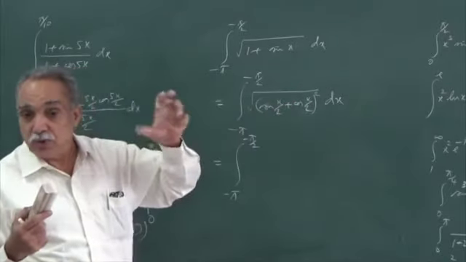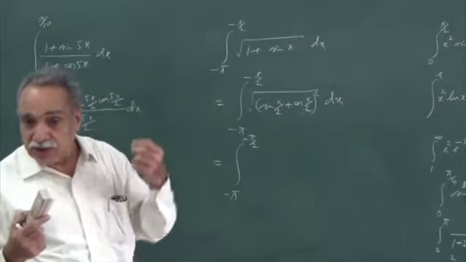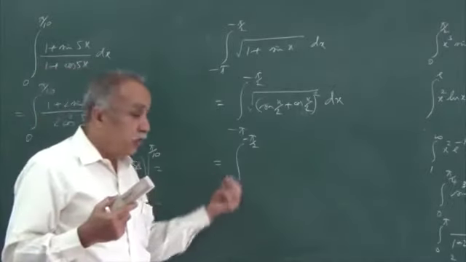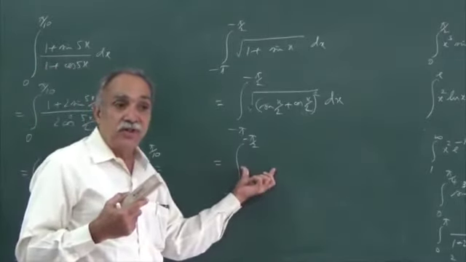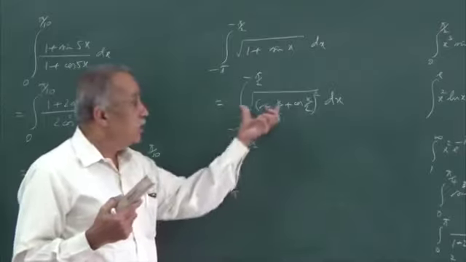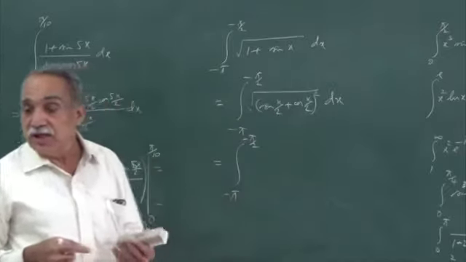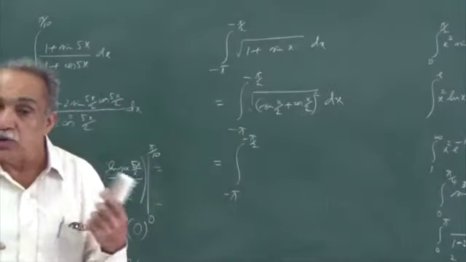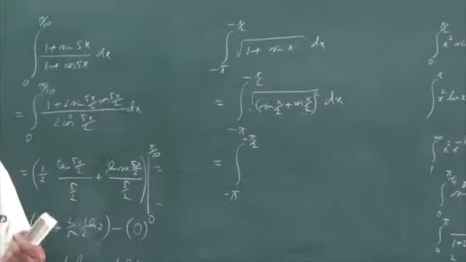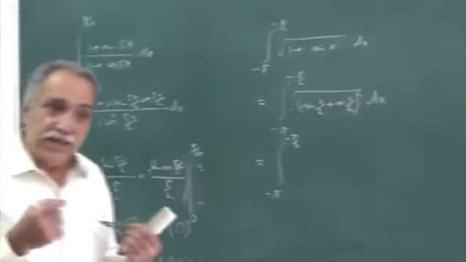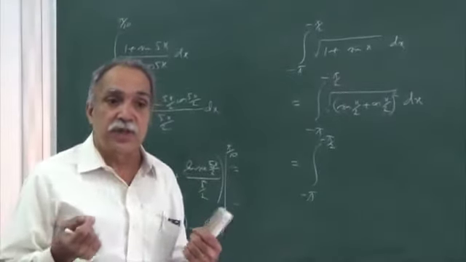So among the two square roots you have to select the positive square root and use it as the integrand of this definite integral. What is the positive square root of (sin x by 2 plus cos x by 2) whole square? Is it sin x by 2 plus cos x by 2 or minus sin x by 2 minus cos x by 2?